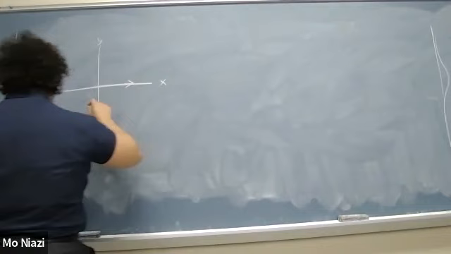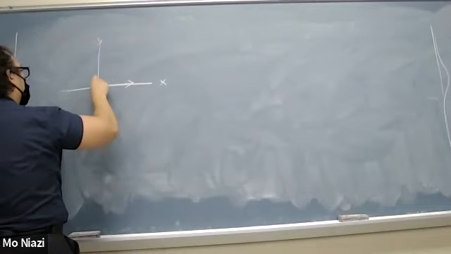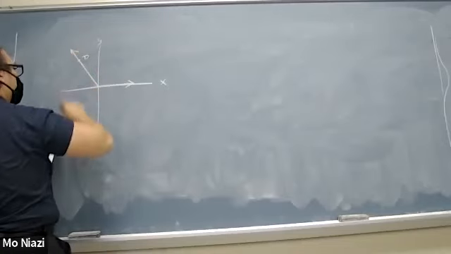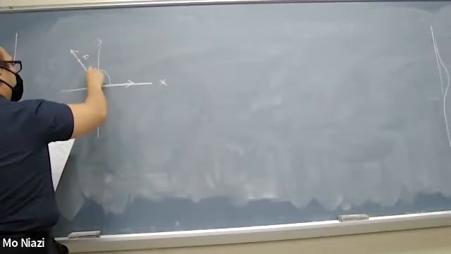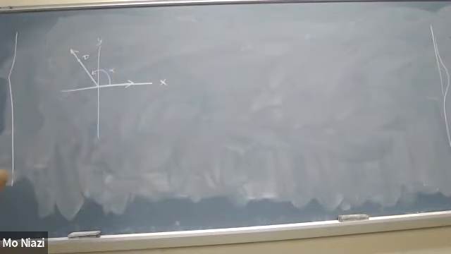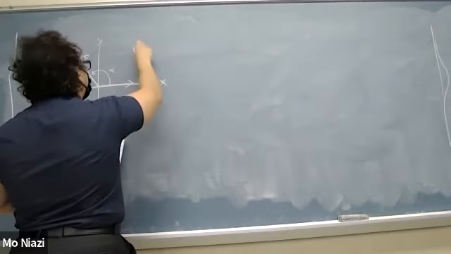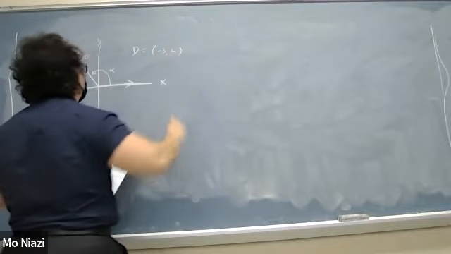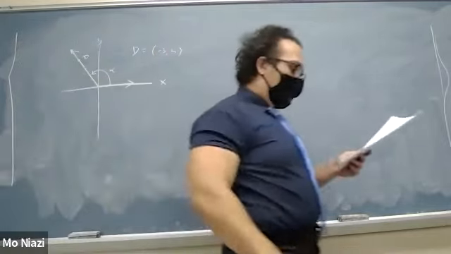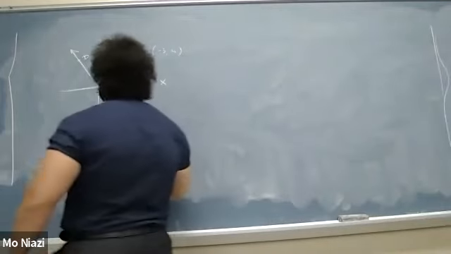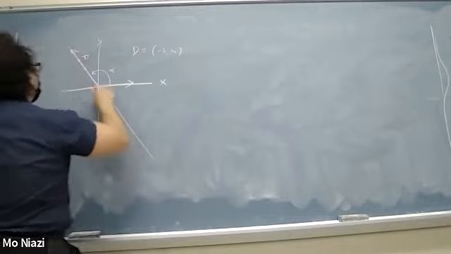So here's one initial leg. Here's a terminal leg. Here's some point on the terminal leg. And here's a rotation of some alpha. Let's say this point D is equal to (-3, 4). How do we construct the line that would extend this terminal leg out?